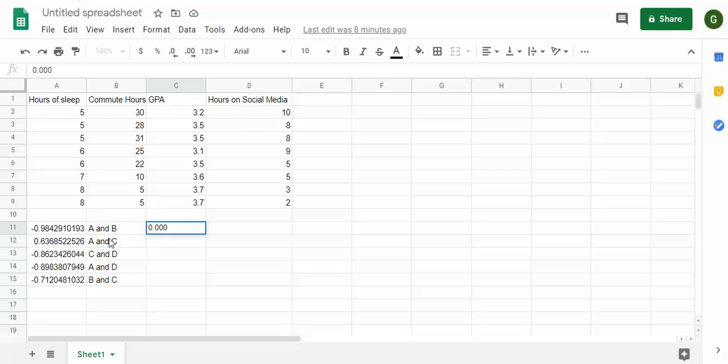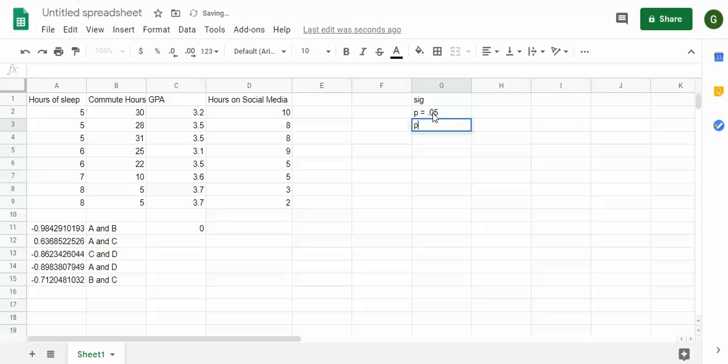And now let's decide if this is a significant correlation. It's significant if p is 0.05 or less. So, I'm just going to put some examples here. If p is exactly 0.05, that's significant.